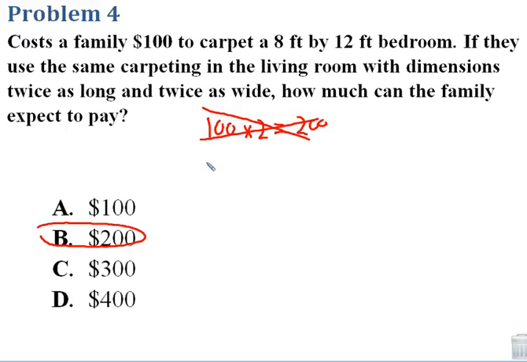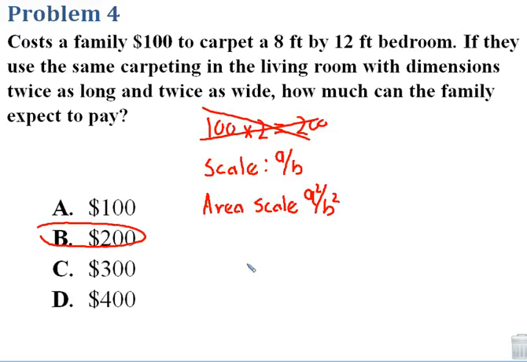What we gave you is we said if we have a scale factor between two similar figures of A over B, the area scale factor is going to be equal to A squared over B squared.